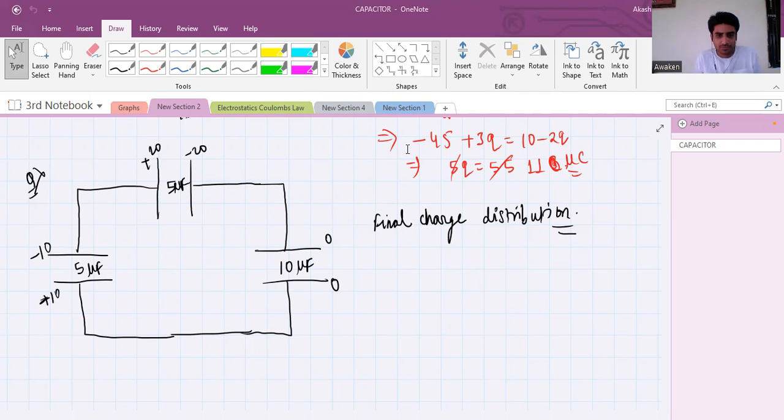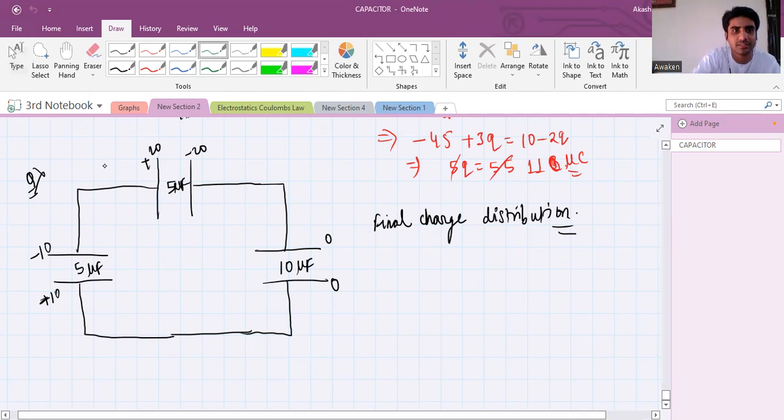Can I imagine Q charge flowing in this fashion? Q charge is going in this fashion. This becomes 20 minus Q. This will then become minus 20 plus Q, the negative of it. Here, Q charge arriving, so minus 10 plus Q. And this will then be plus 10 minus Q. And the same Q arrives here also.